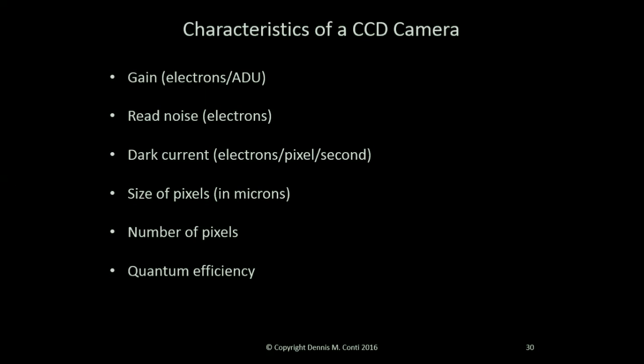Typically, with every CCD camera, as the image is read out, there's a certain amount of noise that's measured in terms of electrons. There's also a certain amount of background noise referred to as dark current, which is a function of the number of electrons per pixel per second.